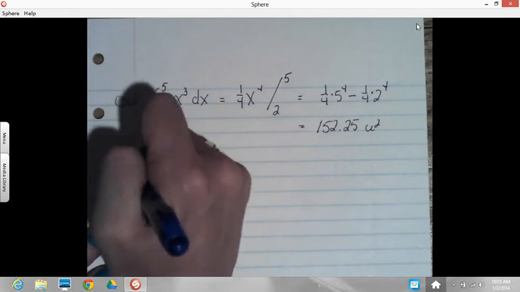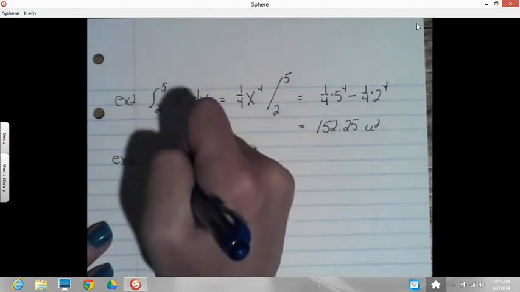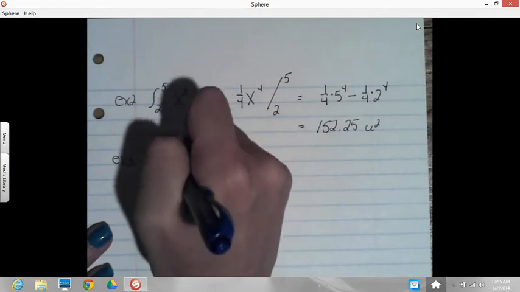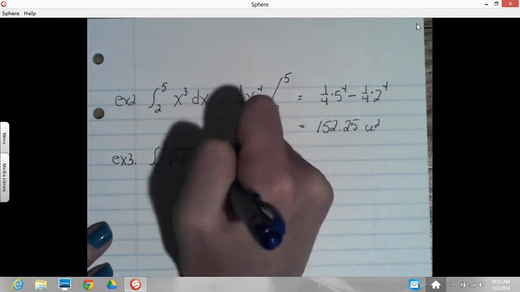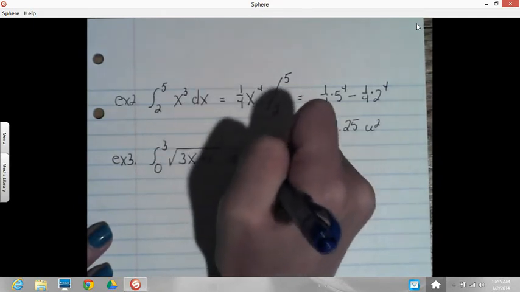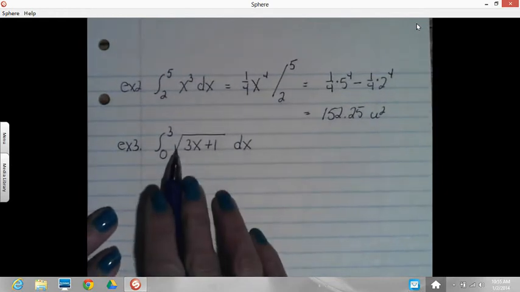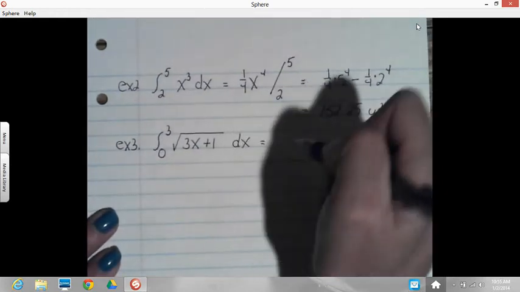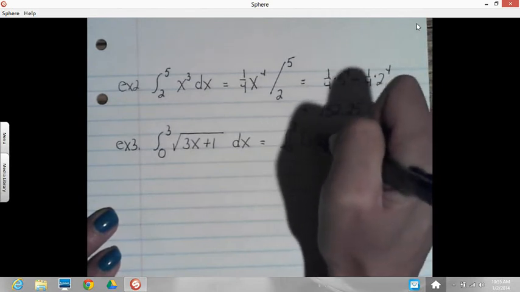The integral from 0 to 3 of the square root of 3x plus 1 dx. Okay, remember your skills from before. I like to rewrite this with its fractional exponent. So we are still doing the integral from 0 to 3 of 3x plus 1 to the 1/2 power dx.